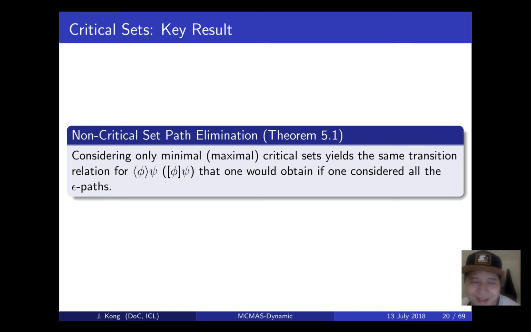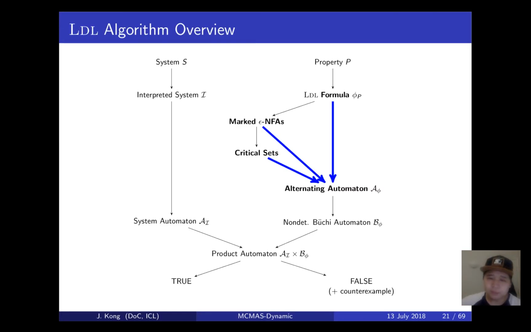And so based on this, considering only the minimal critical sets, which are the easier sets of tests, would yield the same transition relation for an instance of the diamond modality for the alternating automaton that one would obtain if one actually considered all of the epsilon paths. And I also show in the thesis that the dual case for maximal or harder sets and the box also holds. So we use all of these constructs we have so far to build an alternating automaton.